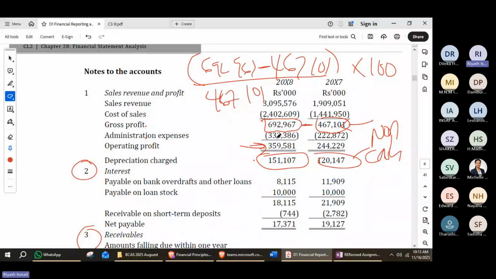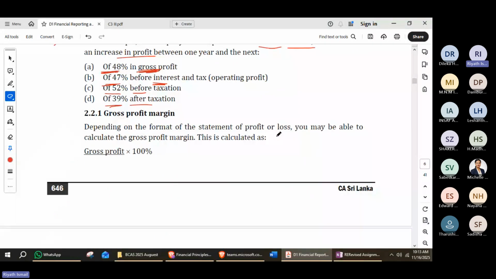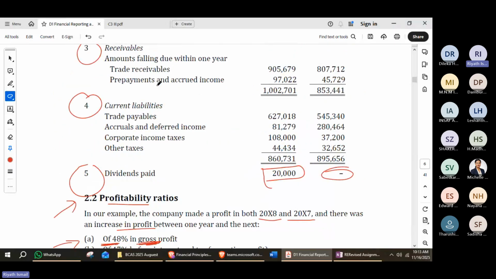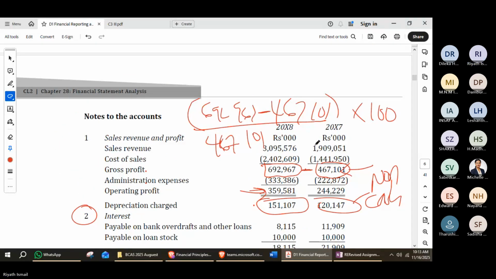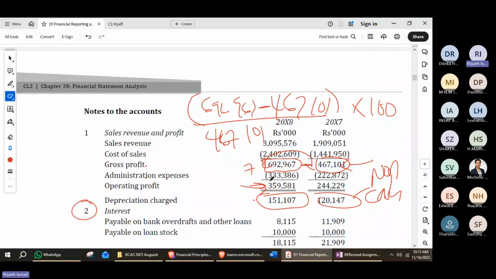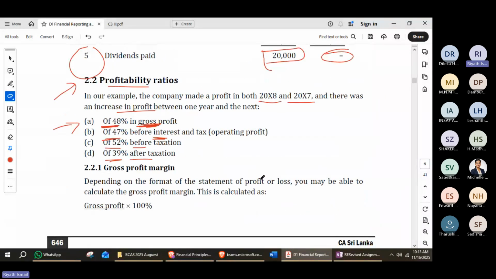Then you can get the value of the gross profit increase. Almost half, right? When you look at this, you can realize this. This is almost 7, this is almost 4.5, so a 50% increase, almost 48%. So that's how each value is calculated.